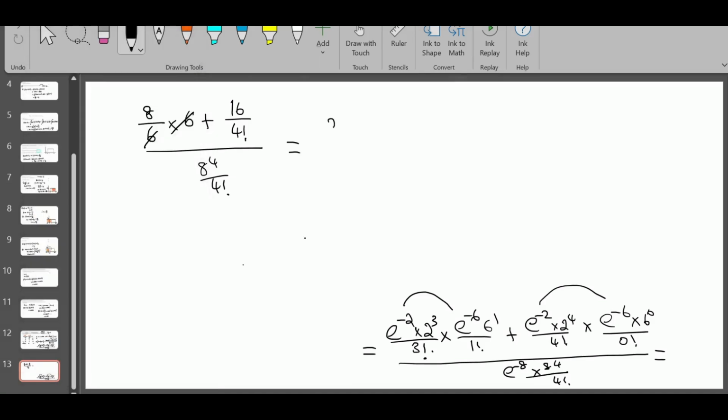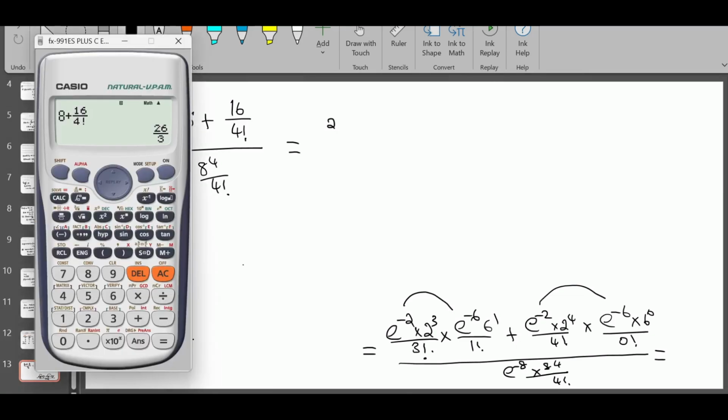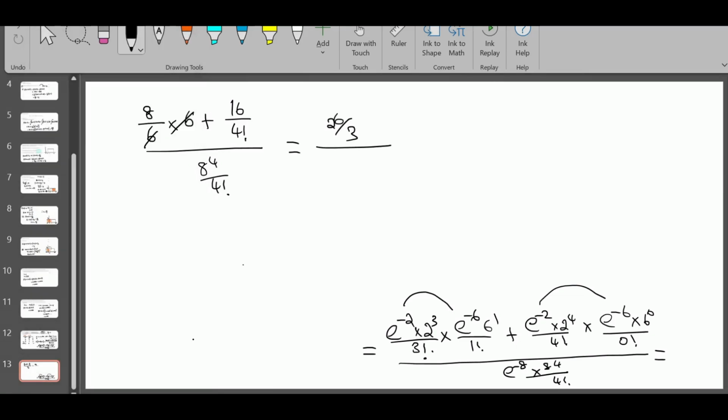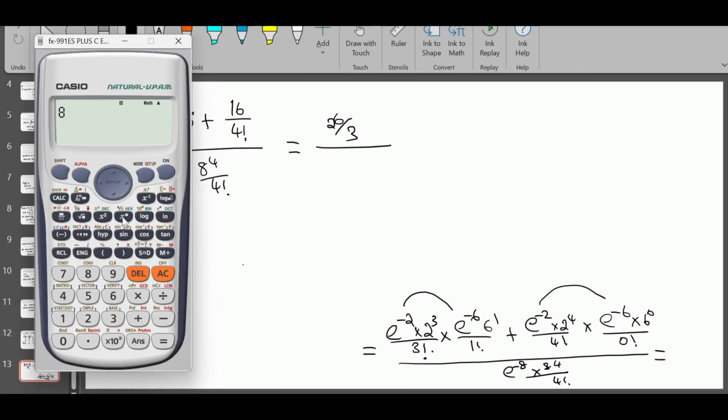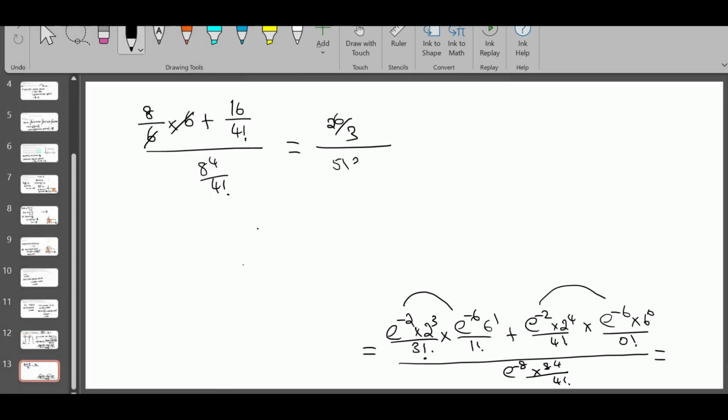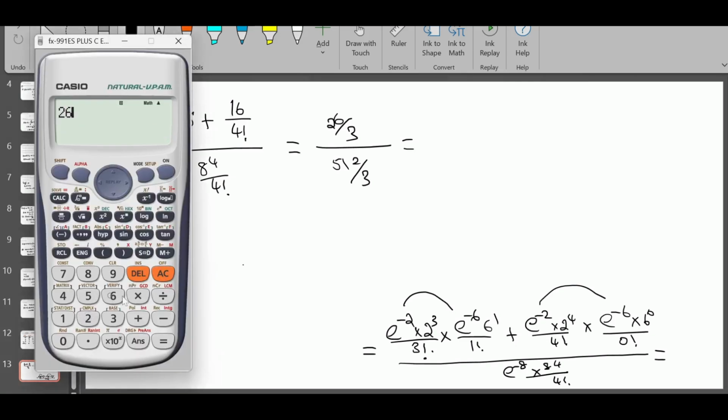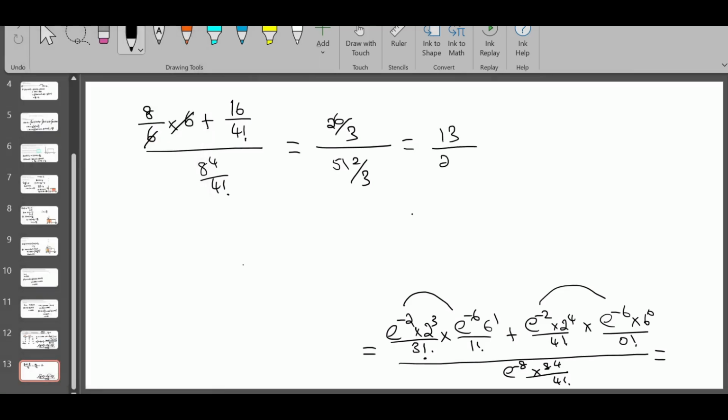That's 26 over 3, divided by, denominator now, 8 to the power 4 divided by 4 factorial, 512 over 3. 3 can be cancelled. You'll get 26 over 512, which is 13 over 256. That's one way to find the probability.